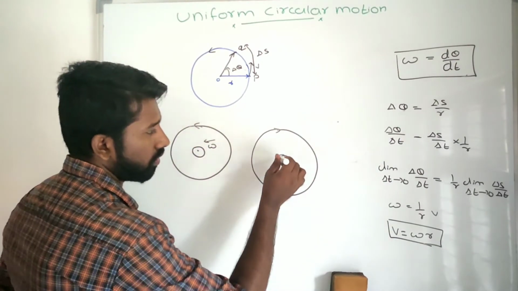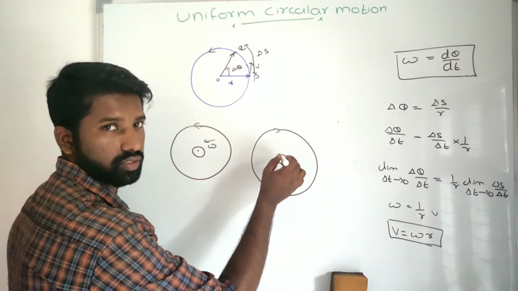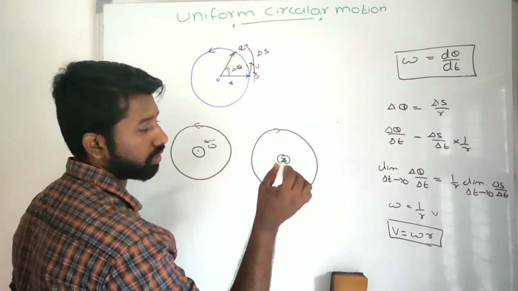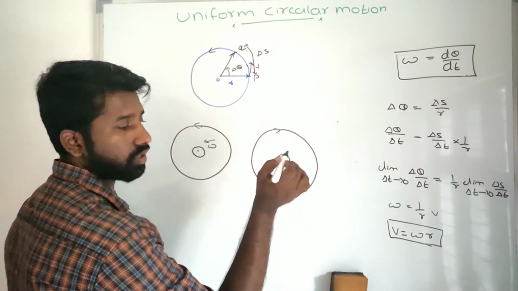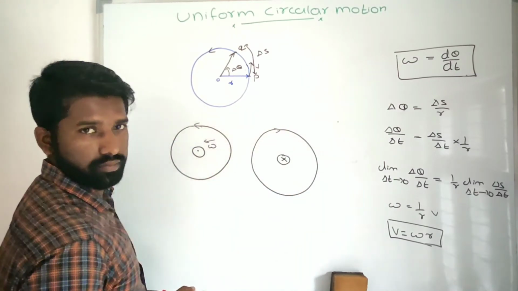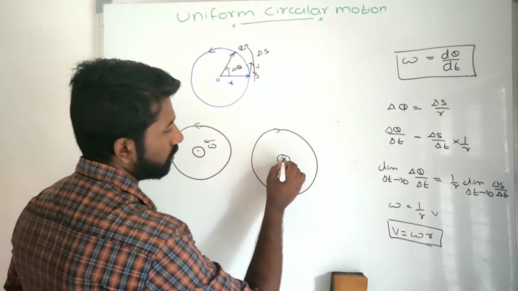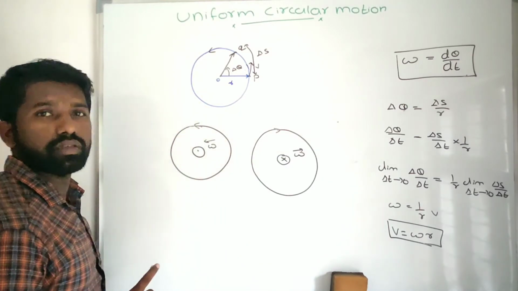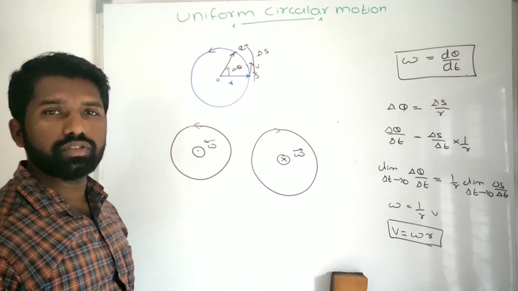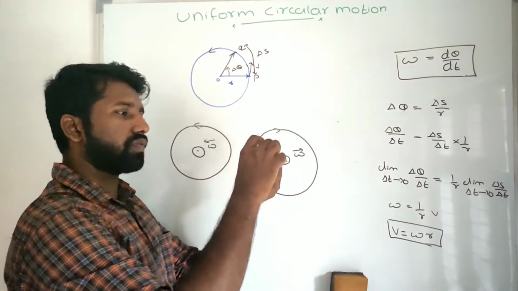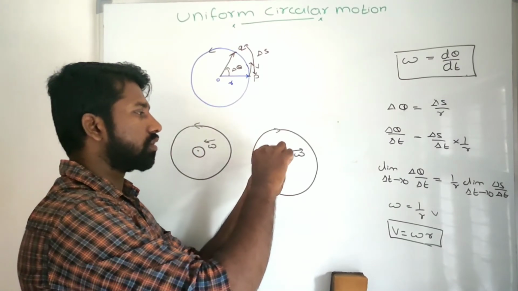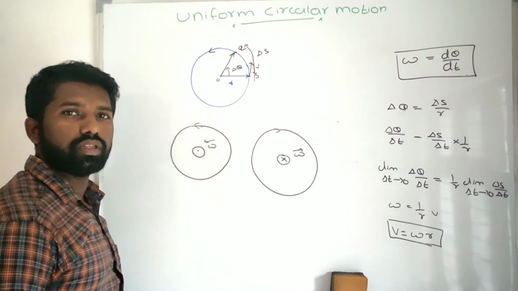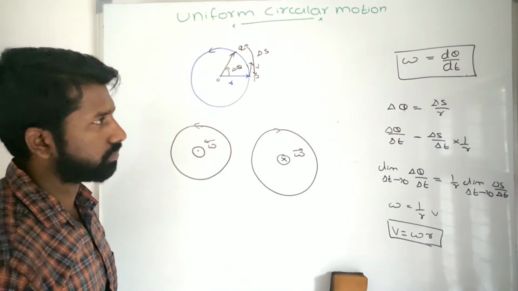Here the angular velocity is a vector perpendicular to the plane and into the plane. The omega direction is like this, similar to the rotation of a screw. If the screw is rotated, it will go into it. This is the way we can find out the angular velocity direction.